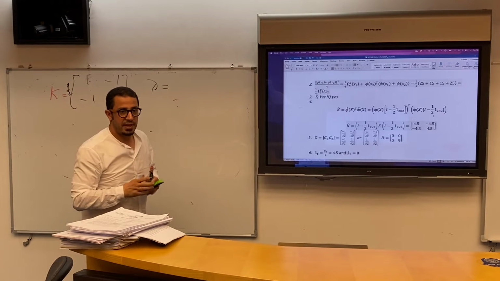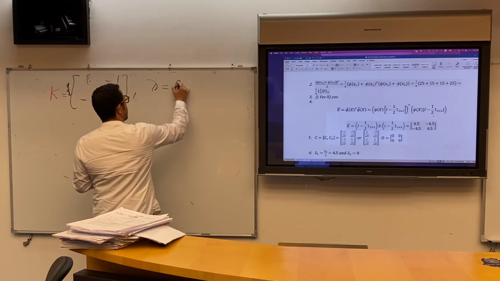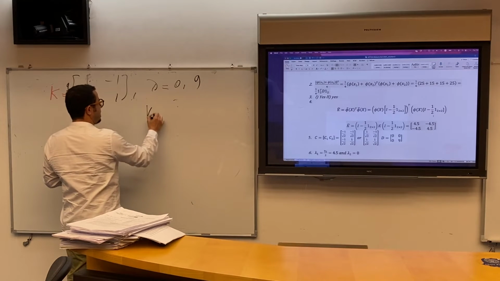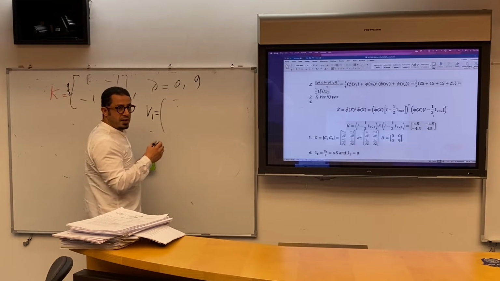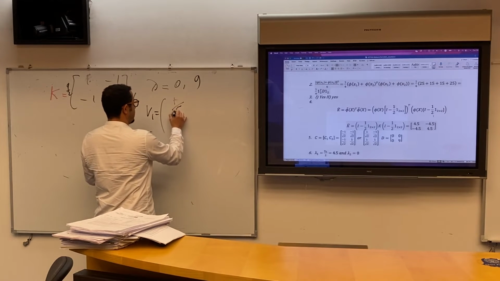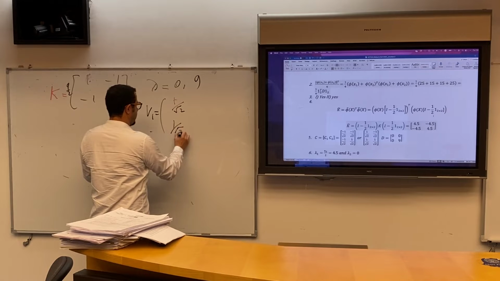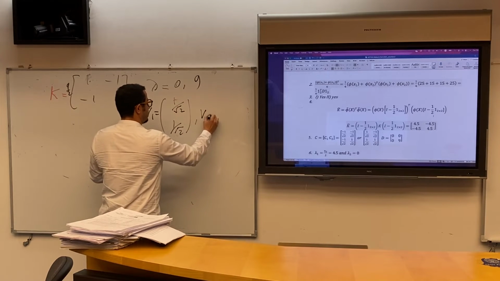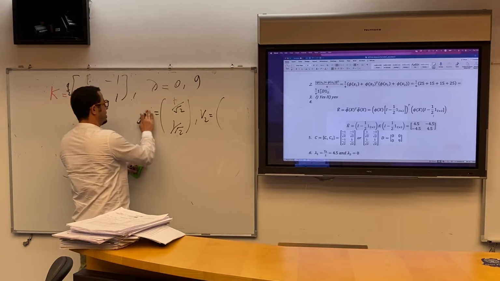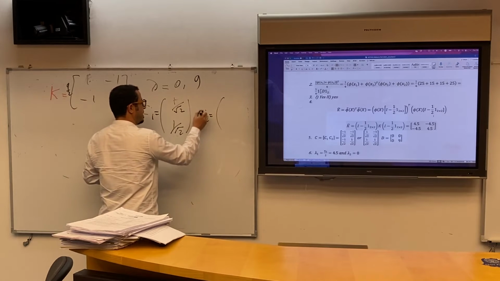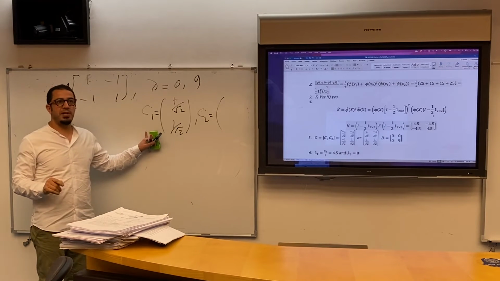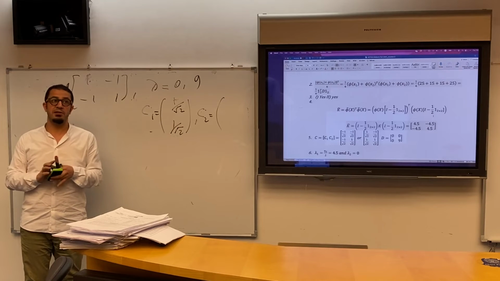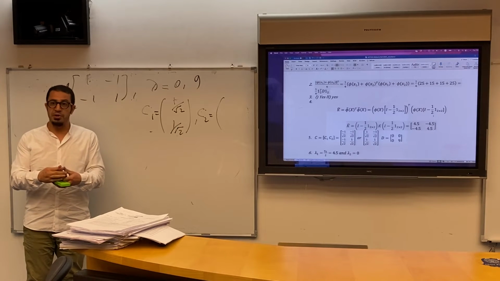We have lambda is 0 and 9. What is V1? 1 over square root of 2, 1 over square root of 2. What is V2? Or C1 and C2 if you want. We keep the same notation as before. For example here, if I give you C1, what is C2 without any calculations? No need to calculate.